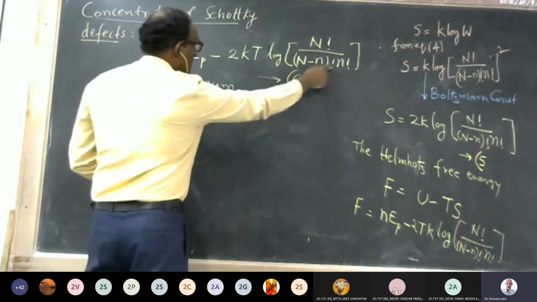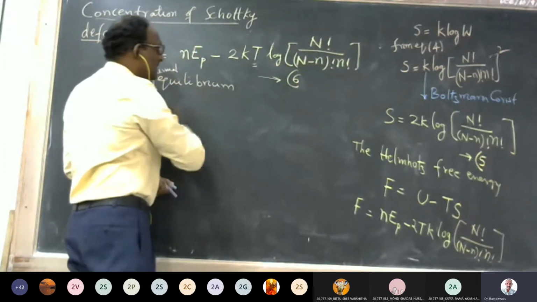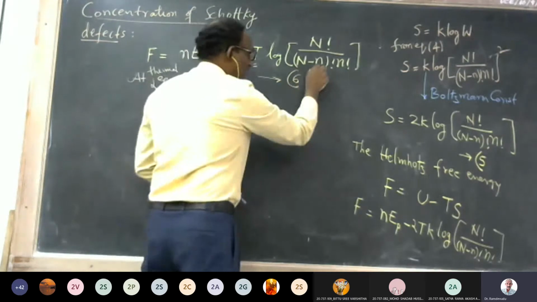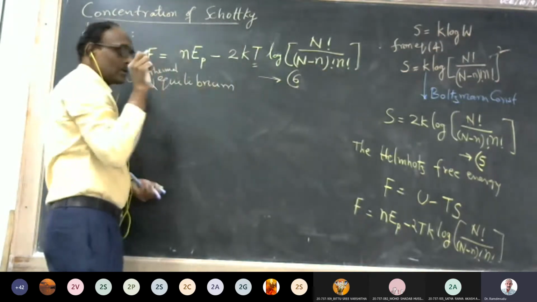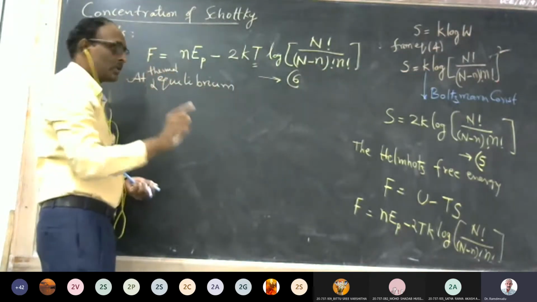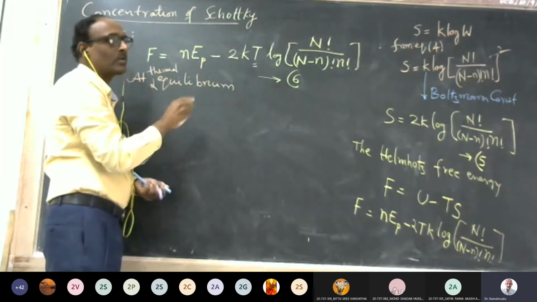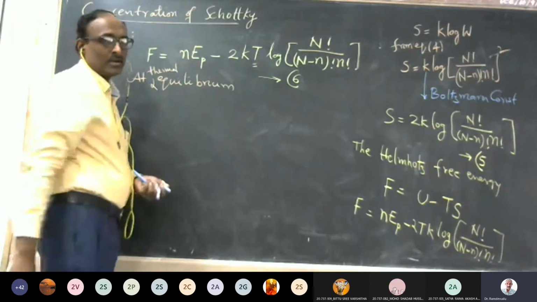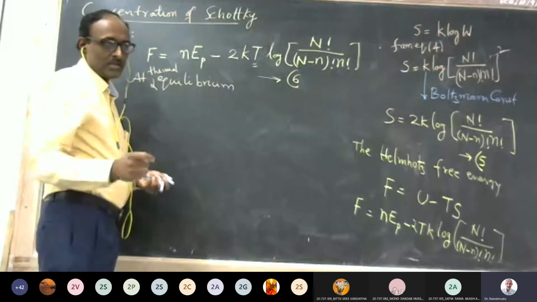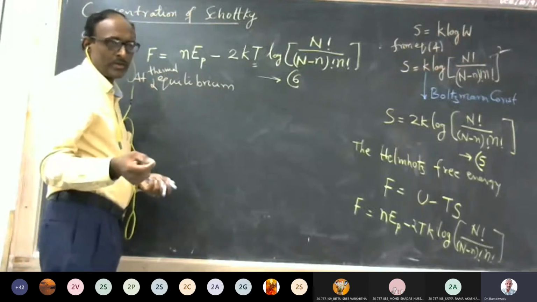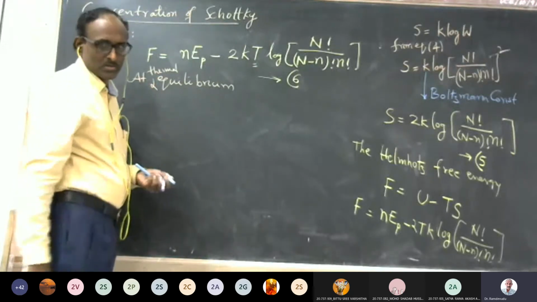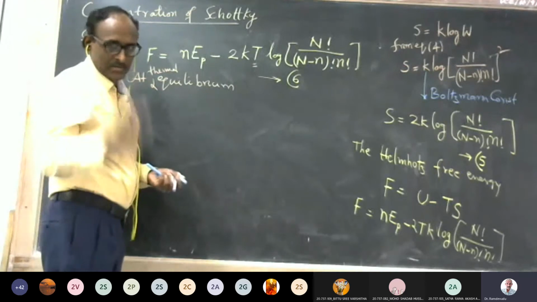The only variation, if I keep temperature constant, is small n, because the energy to create a Schottky defect, EP, is also constant. This EP may vary from 1 to 3 electron volts. So that is constant.